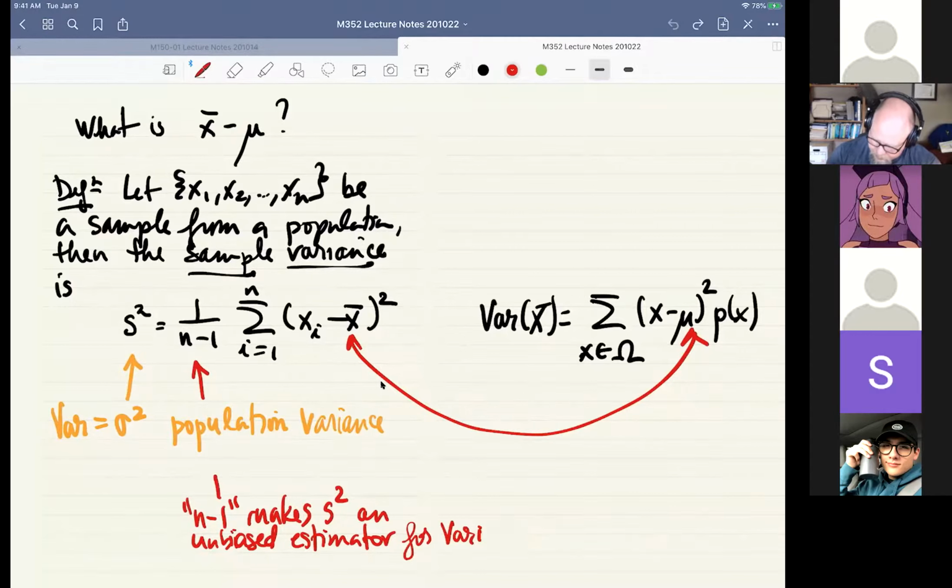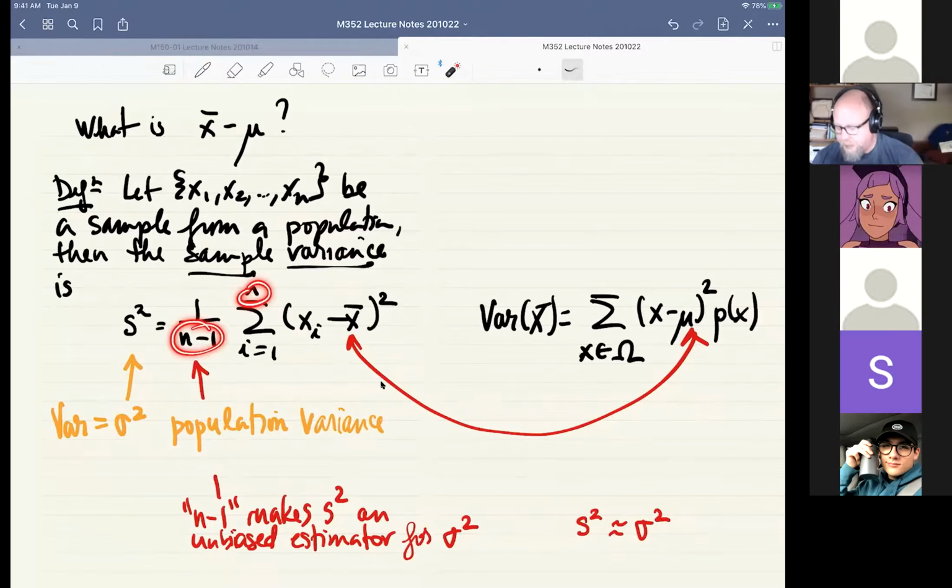What that means is, if we divide by n minus 1 instead of n, most people would say, why aren't we dividing by n? If we divide by n minus 1, then this difference between s squared and sigma squared is going to be smaller on average than if we divide by n. Why is that? That's sort of beyond the scope of this course. What we need to know is just that when you're computing the sample variance, divide by n minus 1 instead of n. It's one of those little facts we just have to keep in our mind.